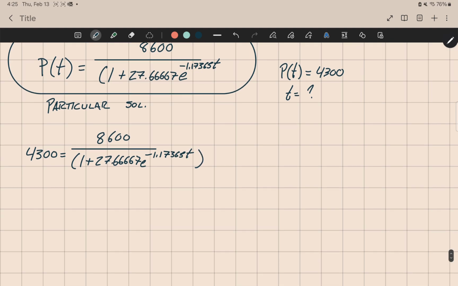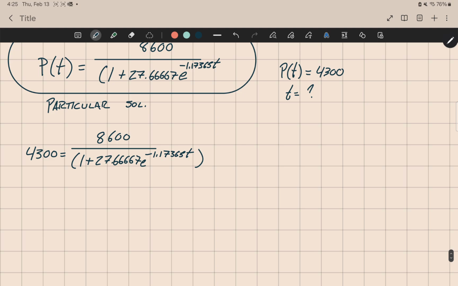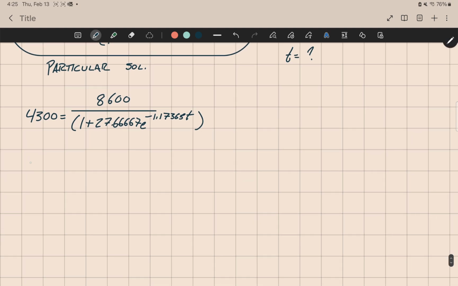All right, we're going to multiply up again. So we got 4,300 first, and then we're going to have that times 27 2/3, and that comes out to 118,966.